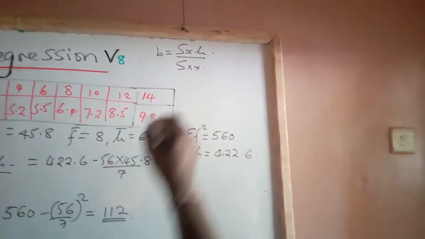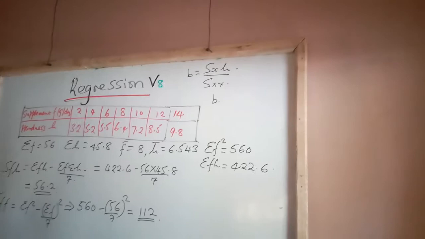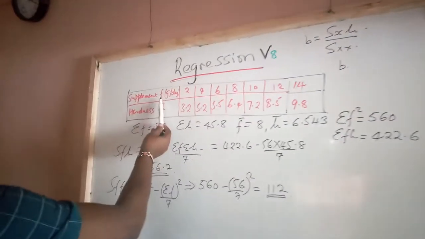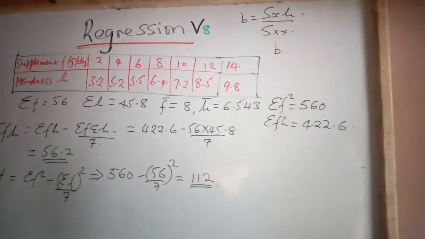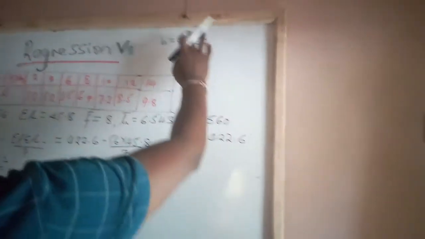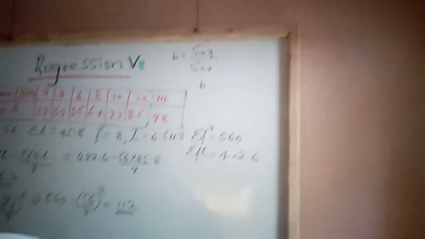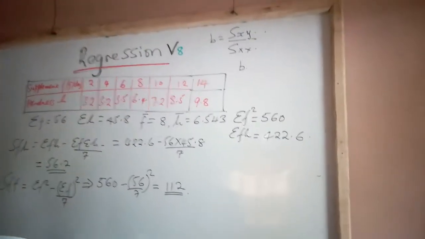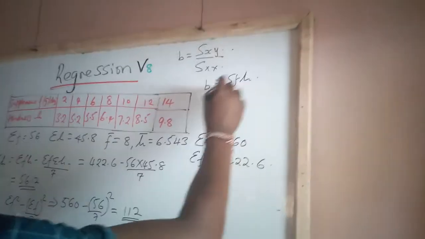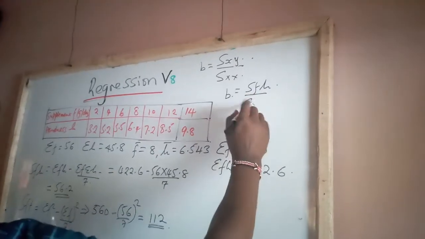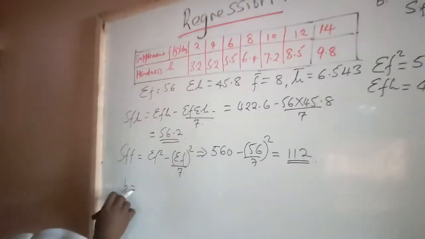Even in this case, we have only changed the letters: F stands in the place of X, and H stands in the place of Y. So in this case, our B is going to be SFH over SFF. Having said that, our B is now very simple.